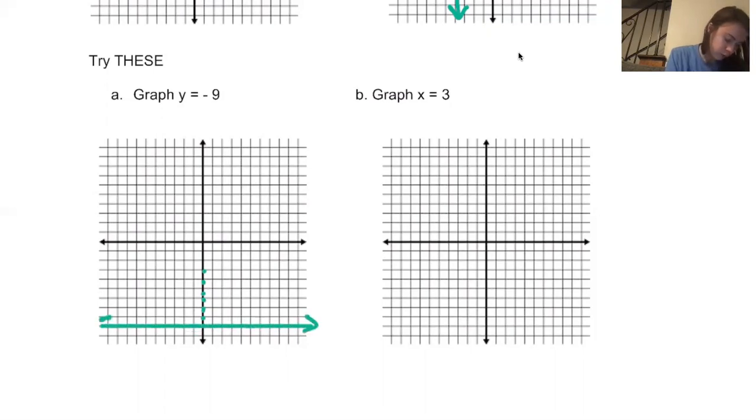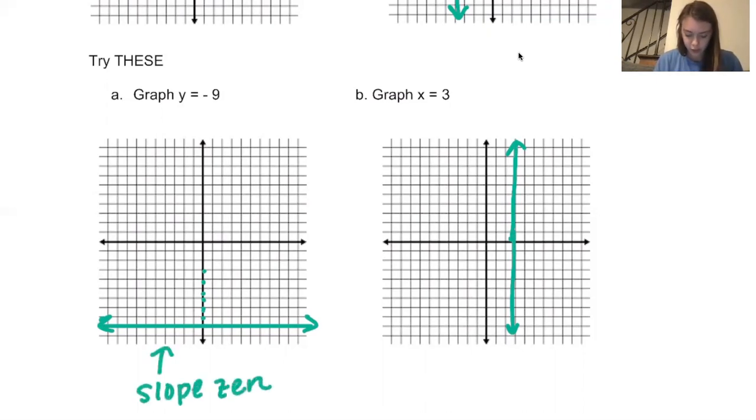Right, so that is y equals -9. And then x equals 3 is right here. Super simple. Also, fun fact, this has a slope of 0. So the slope is 0, and this slope is undefined.